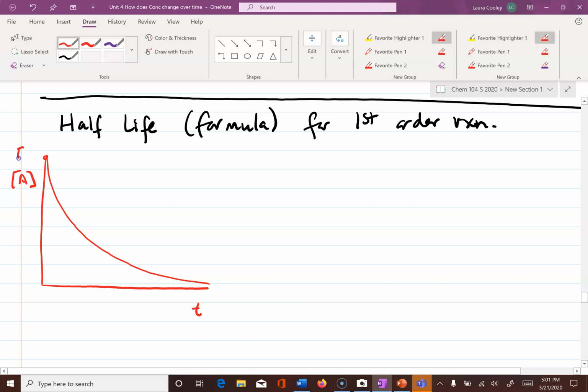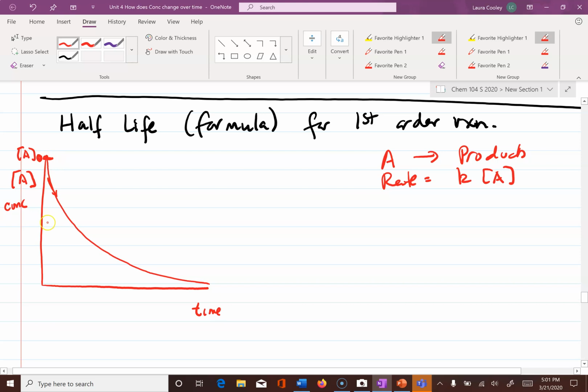So let's suppose you start at the initial concentration A0, A being the reactant. We're talking about A goes to products, and the rate is k times the concentration of A. The concentration, of course, is going to decrease with time. So here is what it is initially, and this is the concentration over time.